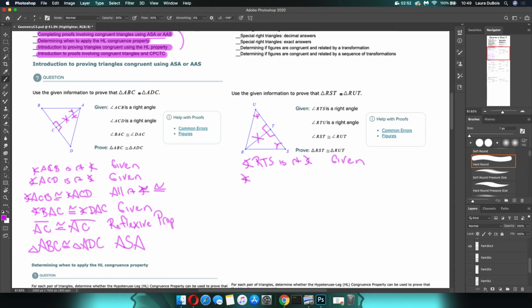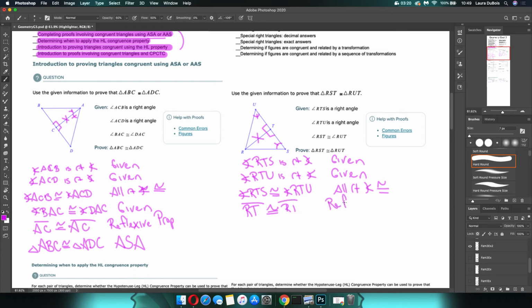And then we're told angle RTU is a right angle because it was given. So we know that angle RTS is congruent to angle RTU because all right angles are congruent. All right, and then reflexive again. RT is congruent to RT.